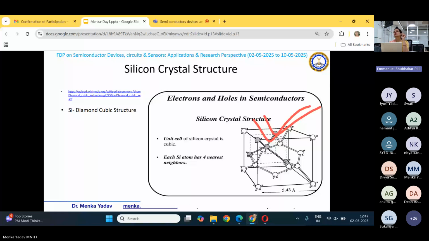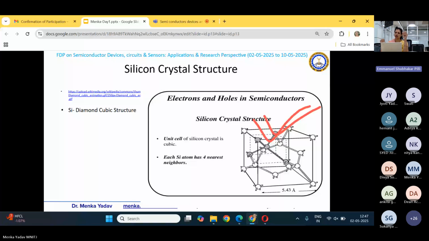And those are not in one plane. All atoms are not in the same plane. There's a particular angle for each and every atom to get connected to the central atom. So this is the unit cell of the silicon crystal shown over here.